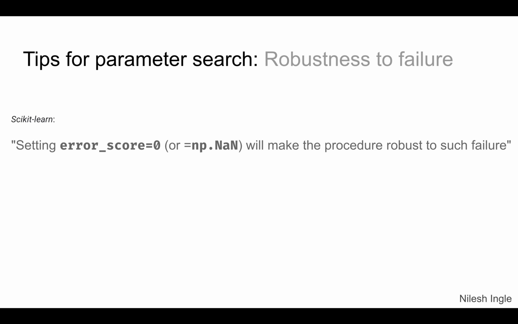So to avoid that, you could specify this particular value for the error score, and in that case it will show a warning that this was the problem while running the grid search CV, but it will continue to run with the remaining candidates or remaining combinations of parameters in the grid. So this is really helpful.